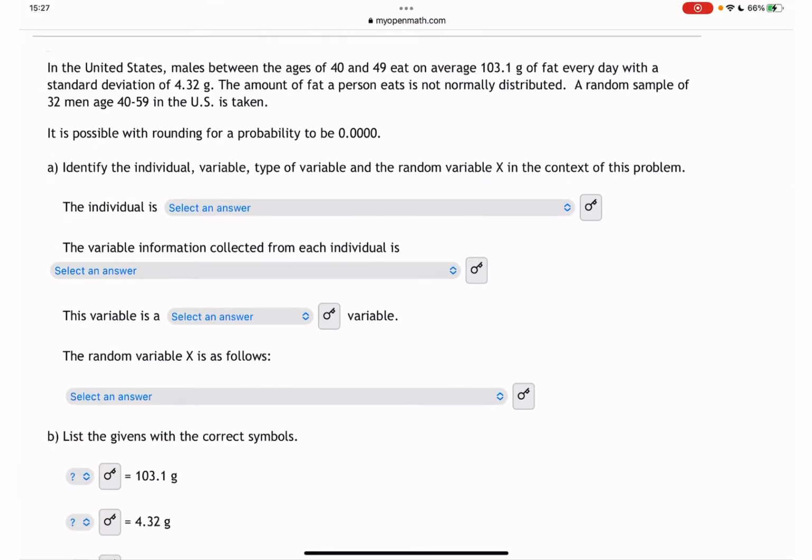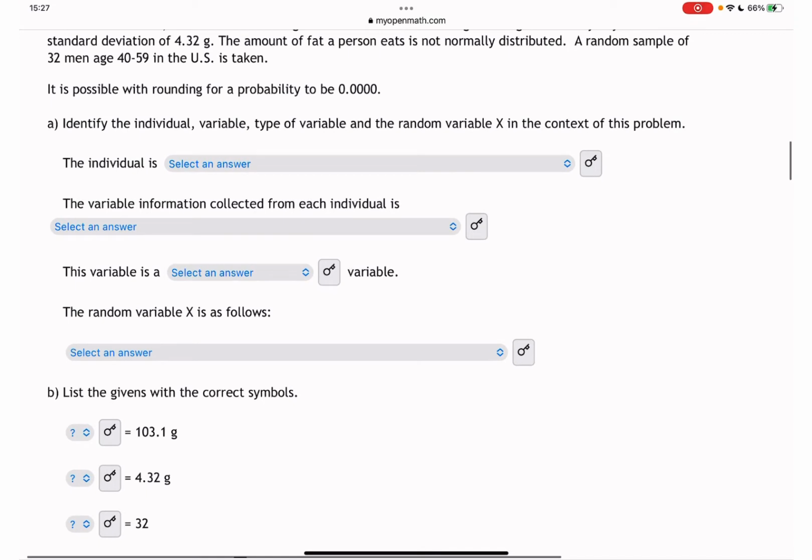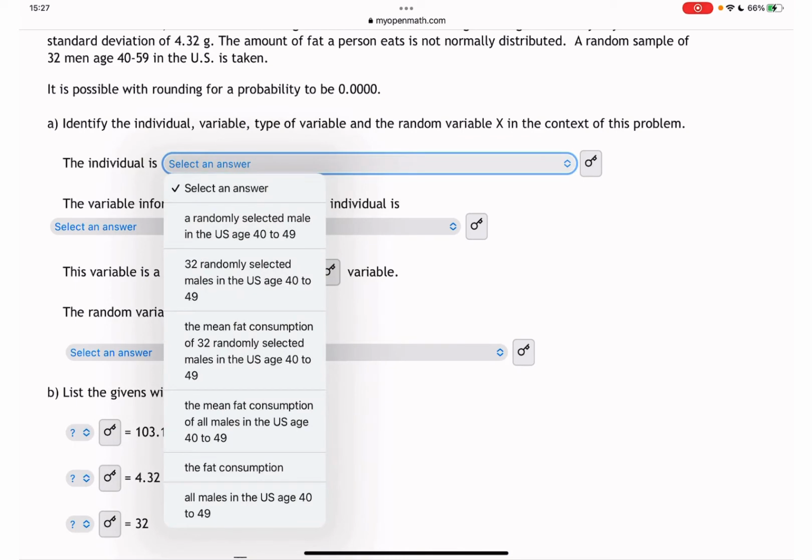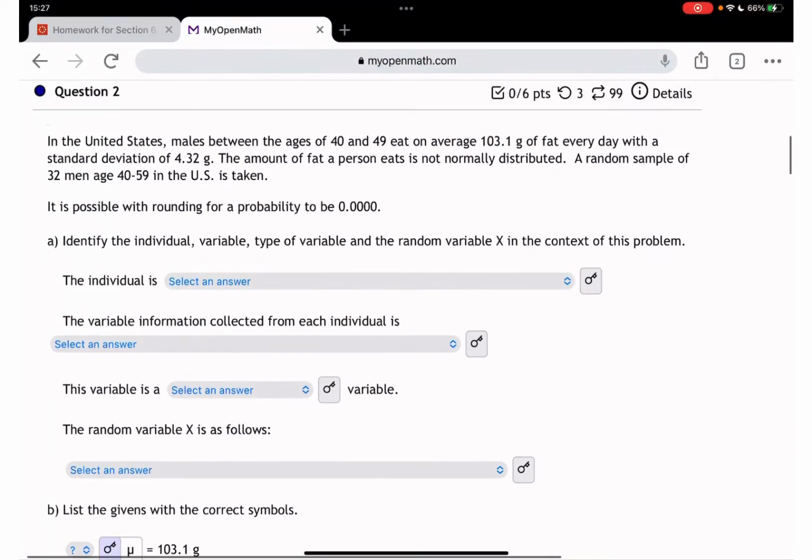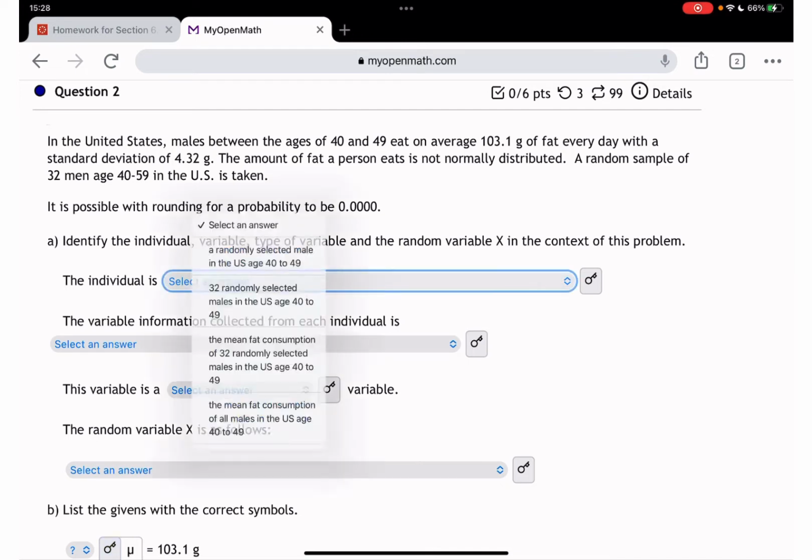Question number 1. Identify the individual, variable, type of variable, and the random variable in the context of this problem. So the individual is males between 40 to 59.